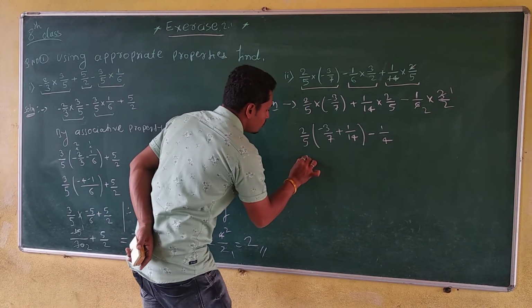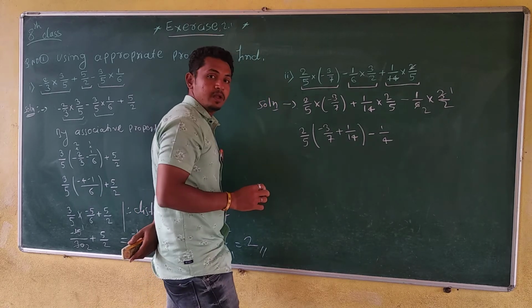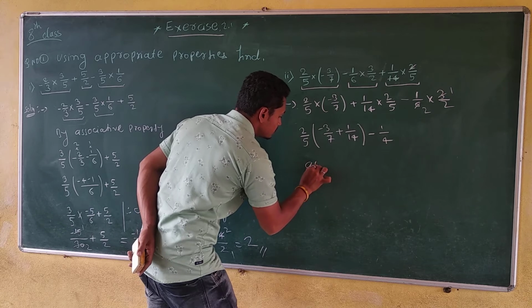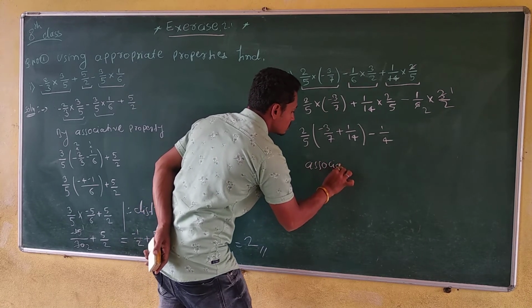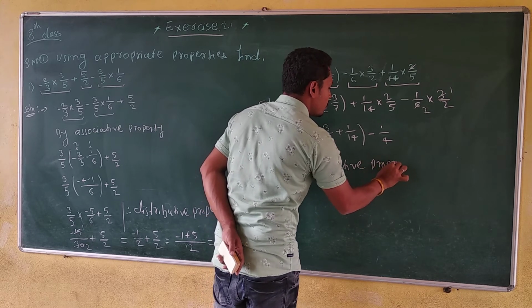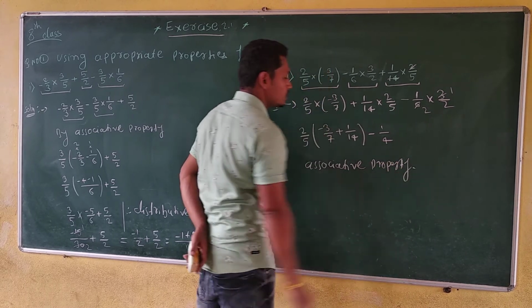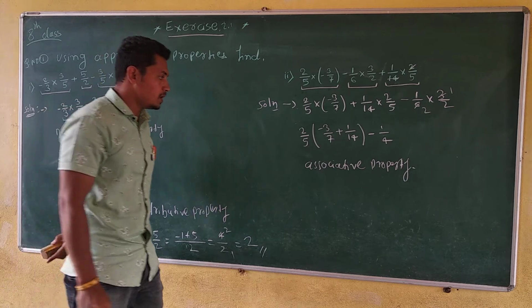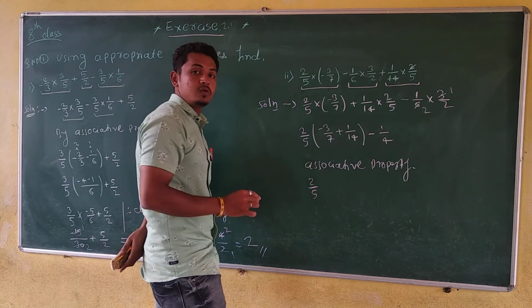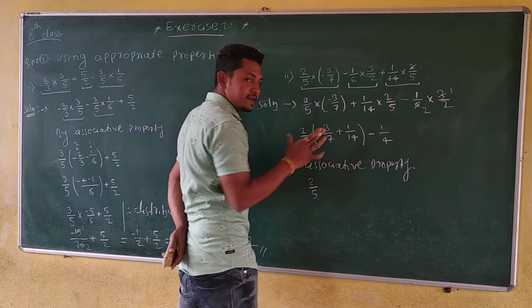Next, see here. So now by using which property here? Associativity properties, right? Associative property. Right? Associative property. Next, so 2 divided by 5. Now we have to simplify the bracket first.